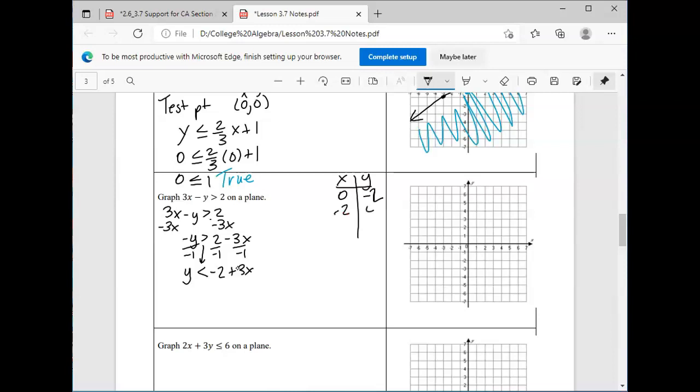-2, 4? Did I hear that correctly? -2, 4. Okay. 3 times -2 is going to be -6. So I think that -2 is going to be -8. Did you do -2 plus 3x?